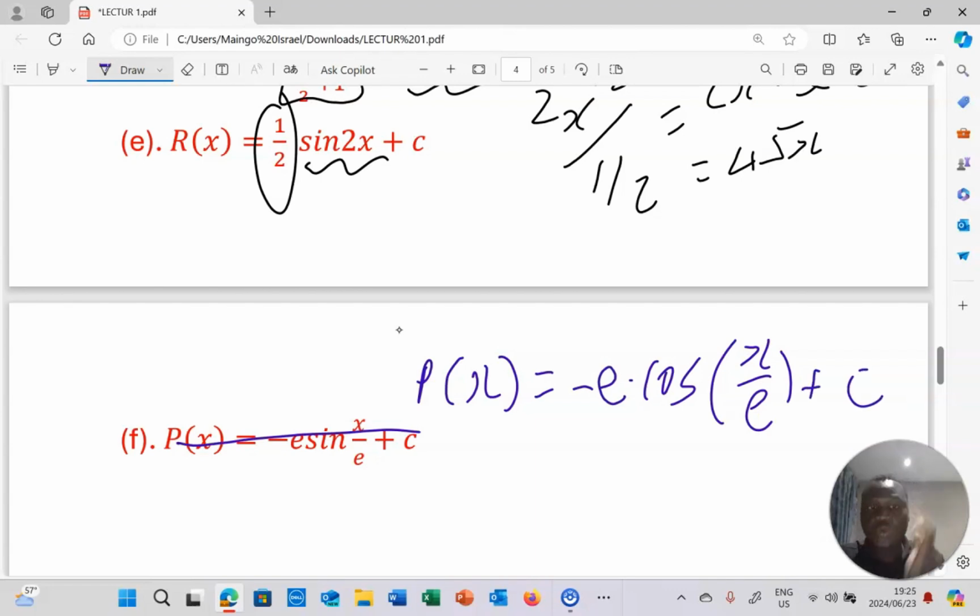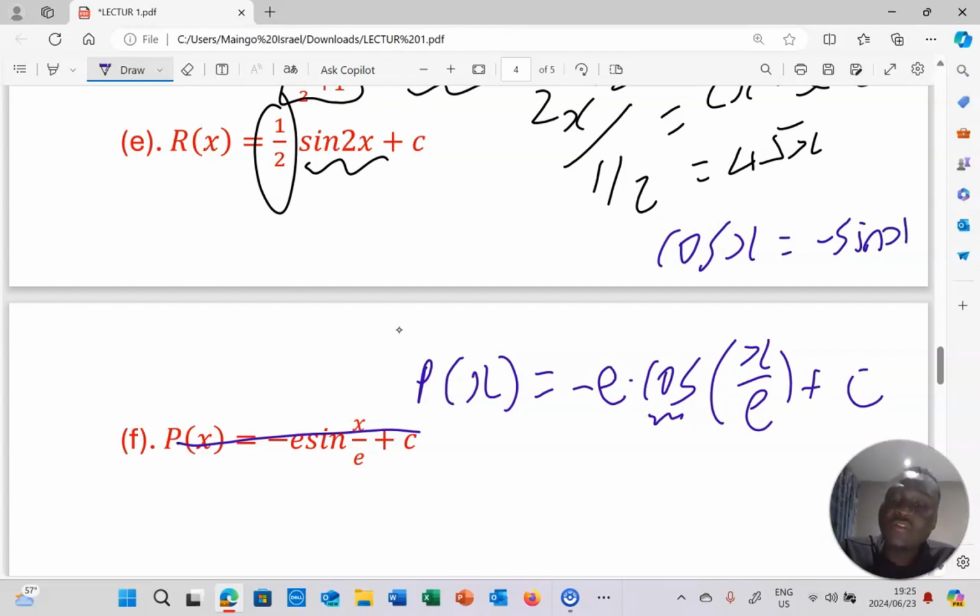That's how simple we do it. We first seek to know what to differentiate to get sine. It's cos but negative, because when you differentiate cos of x you get negative sine x.